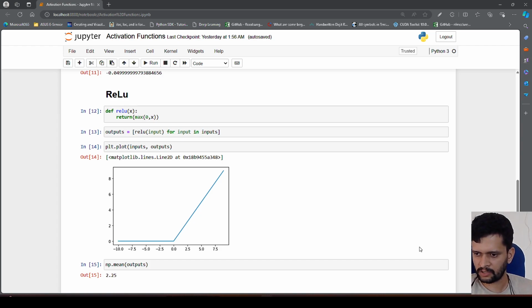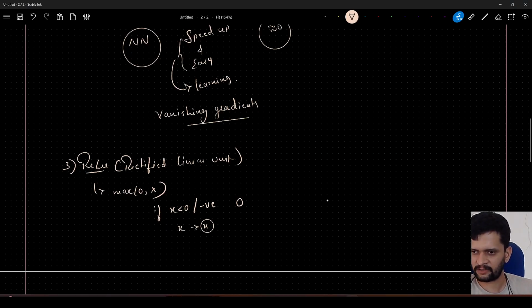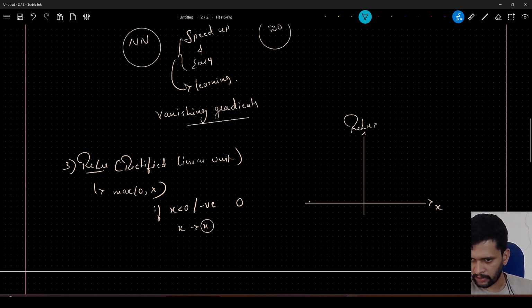If I want to explain it clearly, ReLU is something like this. Let x be the input and this be ReLU of x. For the negative values of input, the output will be 0, and for the positive values of the input, it will be as it is.